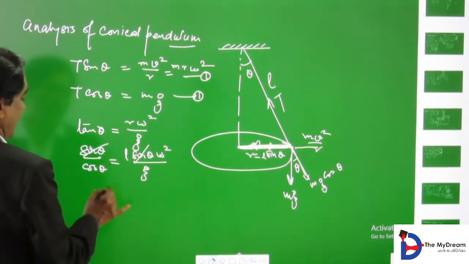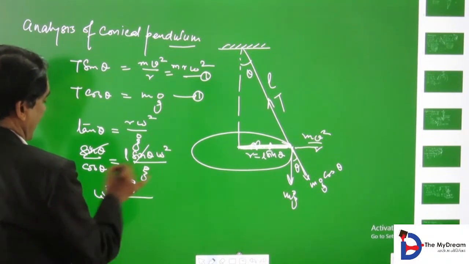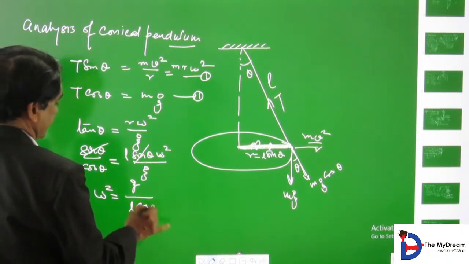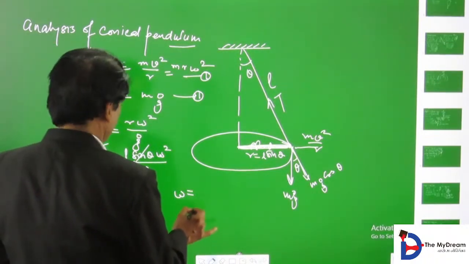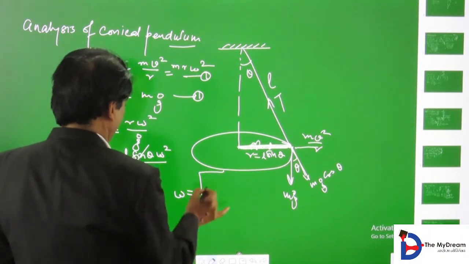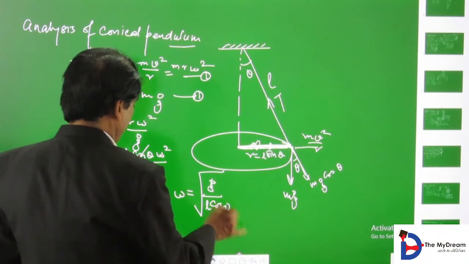So omega square is equal to g upon L cos theta. Then you can find out under root g by L cos theta.